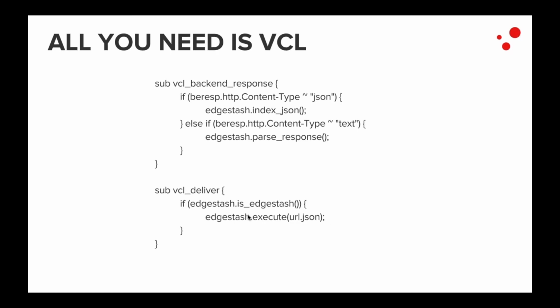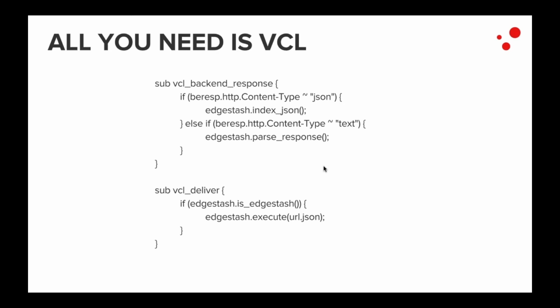Because at this point, the object can be already in cache, and Varnish will make sure to assemble the pre-rendered page. But if for any reason there is JSON data which is lacking from the cache, Edgestash itself will make sure to trigger a backend request and insert the new object in cache. So you really don't have to put any logic in it.